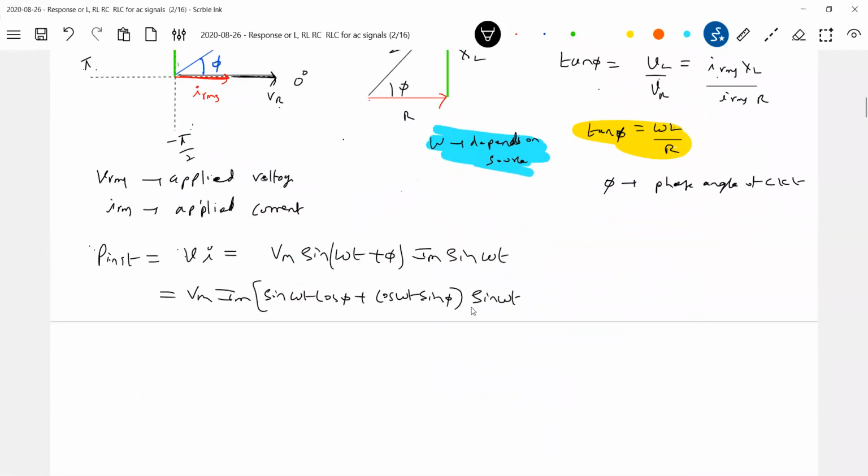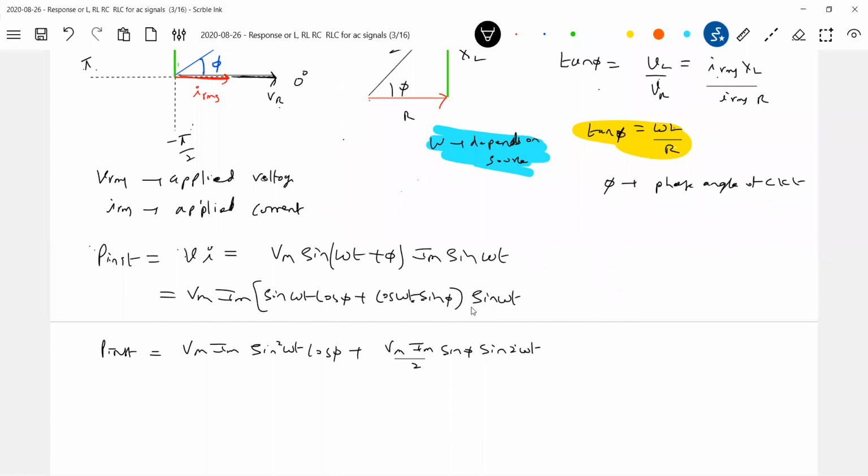So further, the instantaneous power is Vm Im sine square omega t into cos phi plus Vm Im by 2 sine omega t cos omega t sine phi. I adjusted 2 here for the second term. Then 2 sine omega t cos omega t will become sine 2 omega t. And we have this much here.